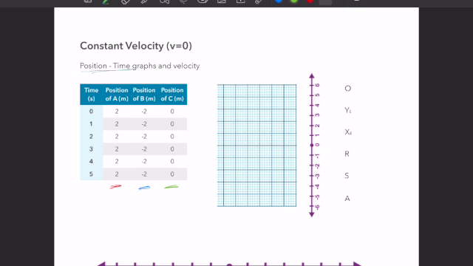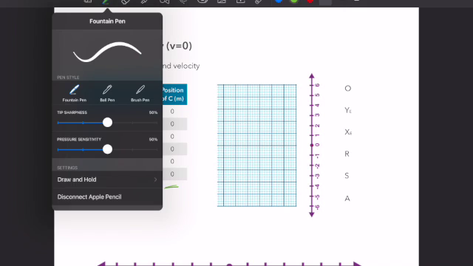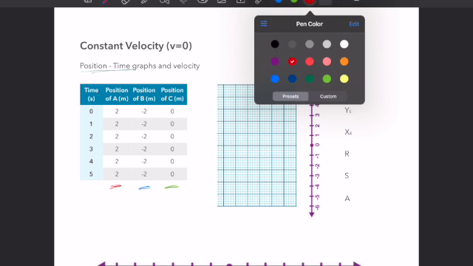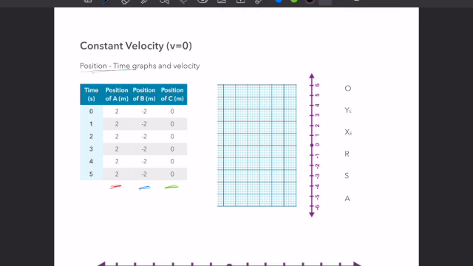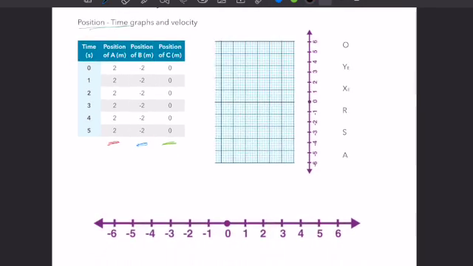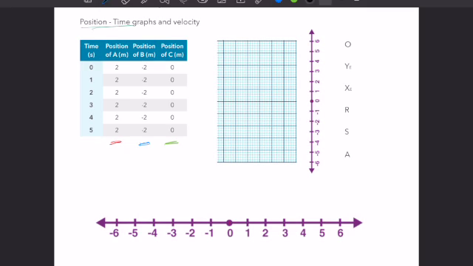So first of all, we need to make a graph out of this, the axes. And let's first plot it on our motion diagram, our number line. So we'll start out with the red. And the red, let's see, at time 0 was position 2.